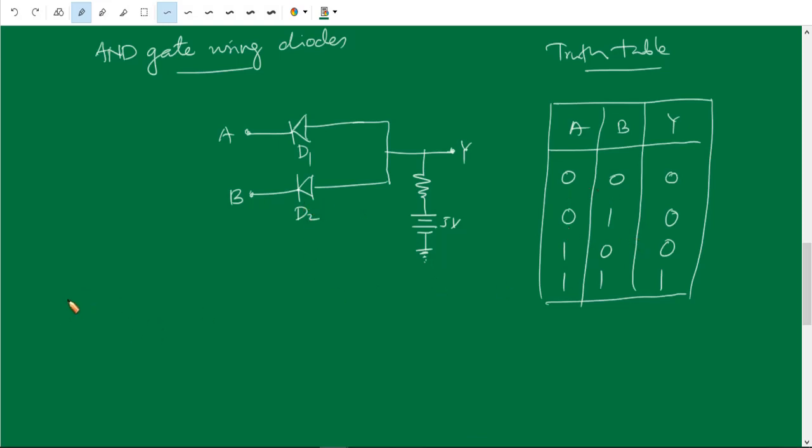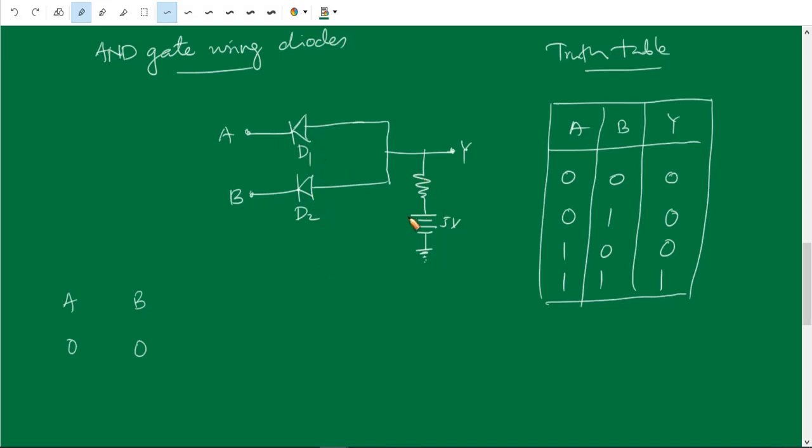When A equal to 0 and B equal to 0, that means A and B are grounded, that means 0 voltage. At that time, here we already have 5 voltage, and here 0 voltage. So the diodes D1 and D2 are forward biased.